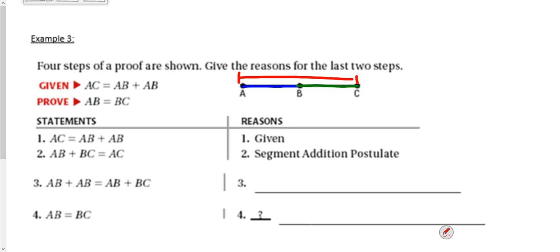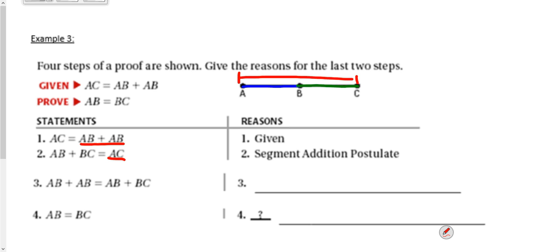Well, we see that AC right there equals AB plus AB. So we can say that we've substituted AC with AB plus AB.